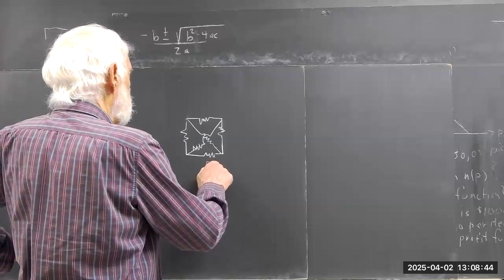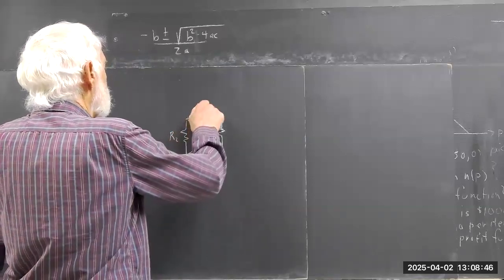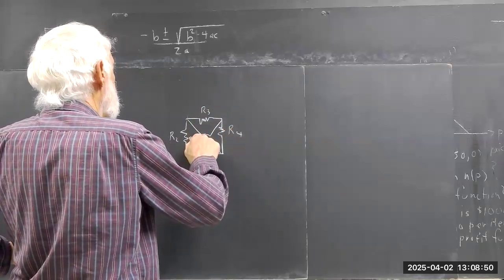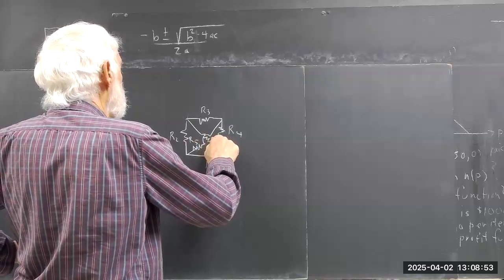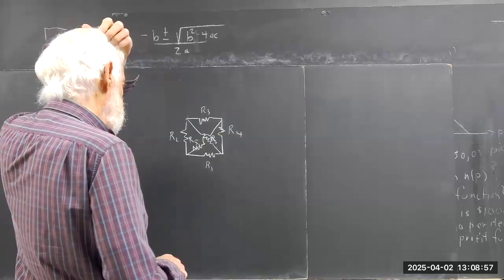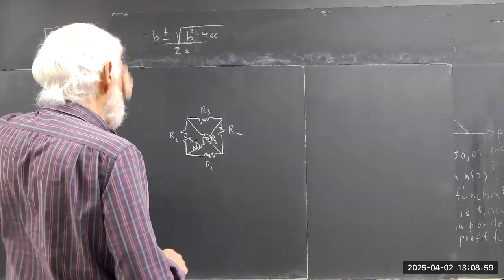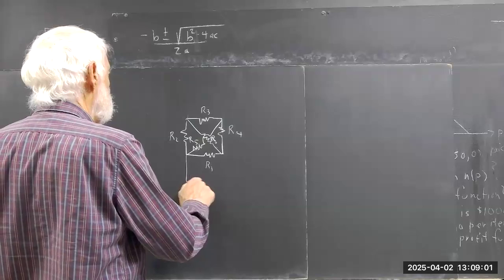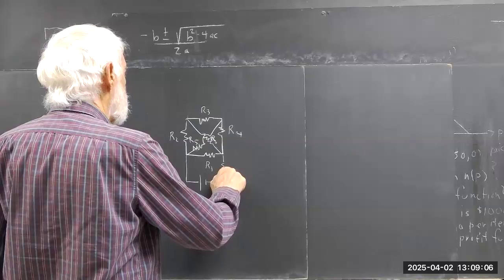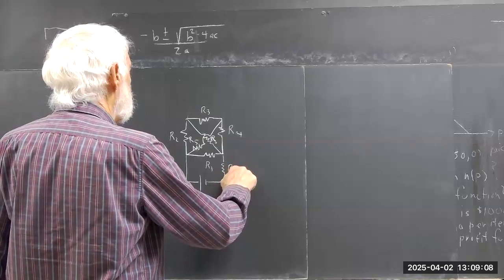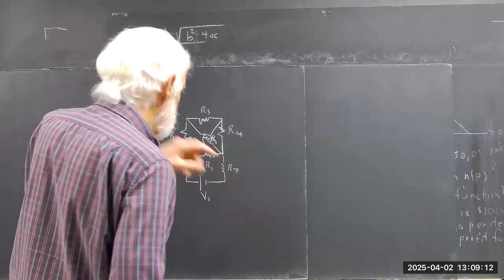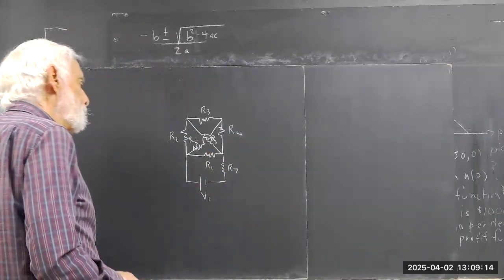Let's say now we've got R1, R2, R3, R4, R5, R6. And then let's say we put a bridge here with a resistor R7.